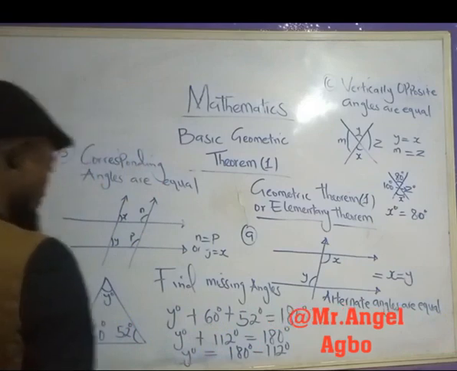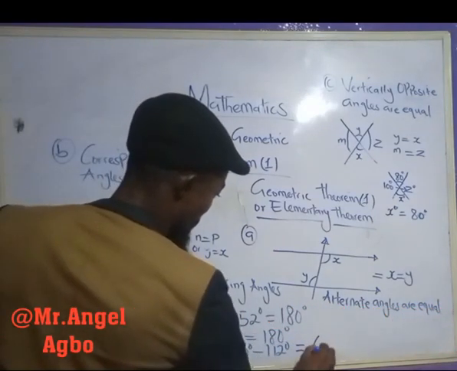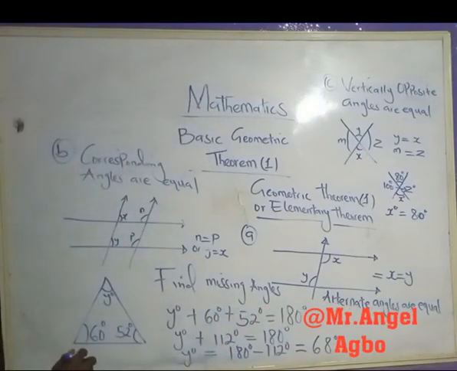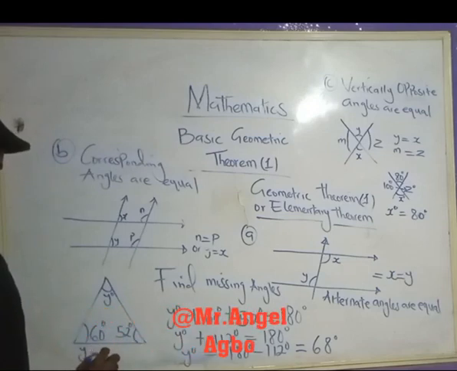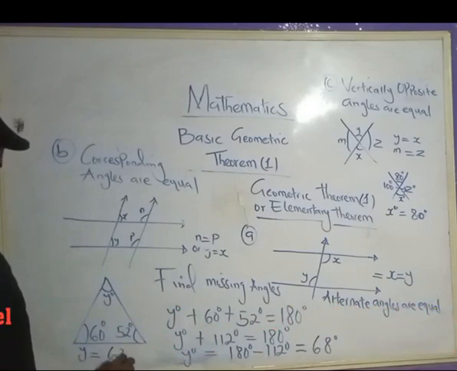Am I right? Yes, I believe. So it's going to be equal to 68 degrees. So we can come back here and say that our y is equal to 68 degrees. As simple as it is.